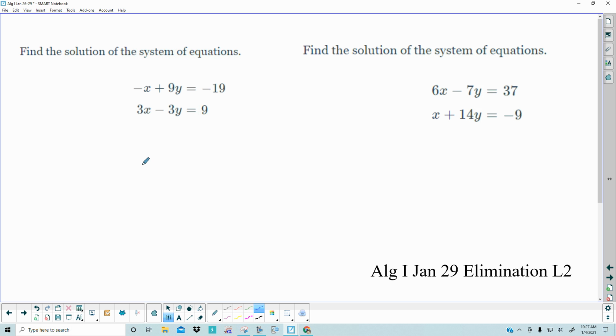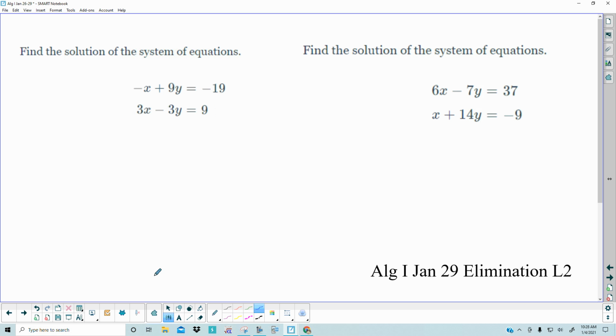If you'd like to see it again, on different ones, I'm happy to do these too. You could either multiply the top by 3. So then that becomes a negative 3x, and this is a positive 3x, so that would cancel. Or if I multiplied the bottom by 3, then this would become a negative 9, so these would cancel.